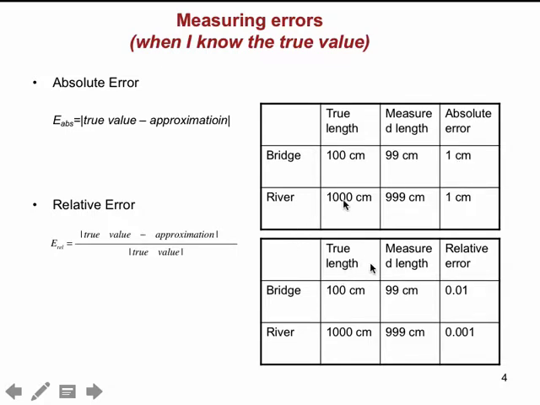River itself might be much longer. It's not a very long river either, or wide river. And this could still be 1 centimeter. Well, 1 centimeter compared to 1,000 centimeters and 1 centimeter compared to 100 centimeters are not the same thing. Right?